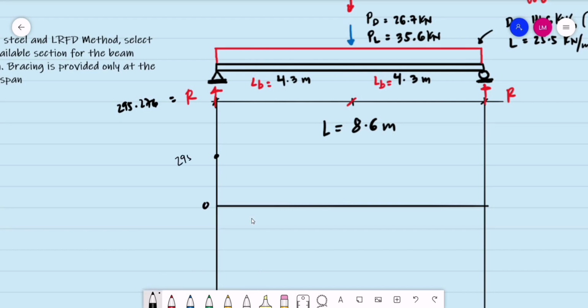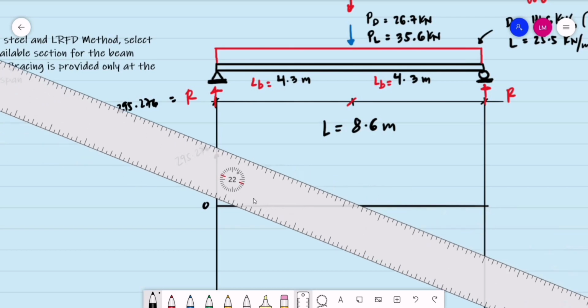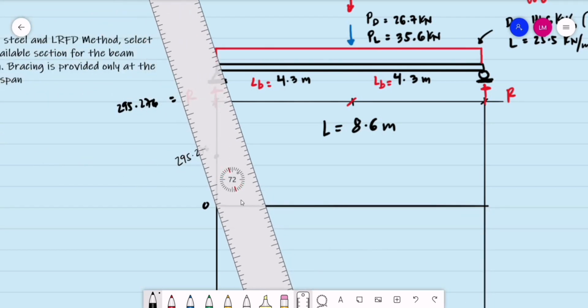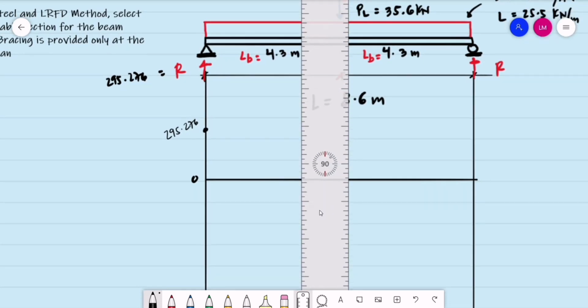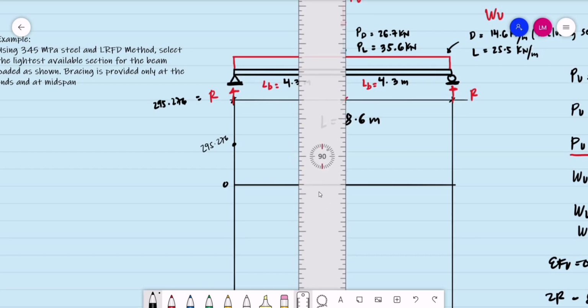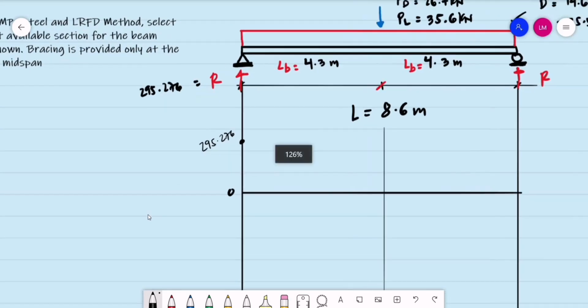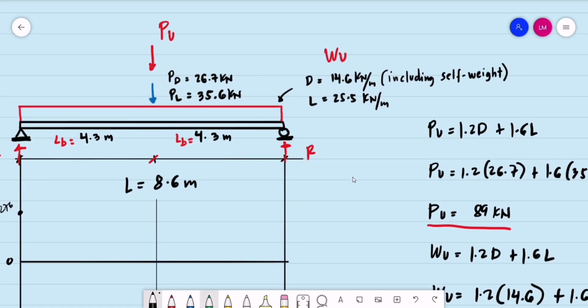Let's say this is 295.276. Since we have a uniform loading, for this uniform loading, that is our W sub U. Again, this is 58.32 kilonewtons per meter.